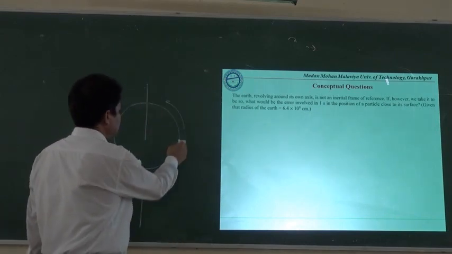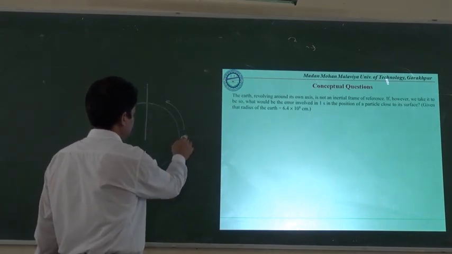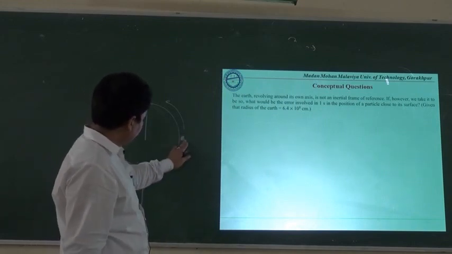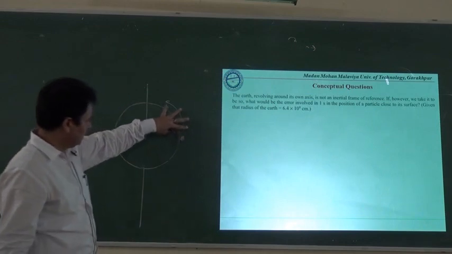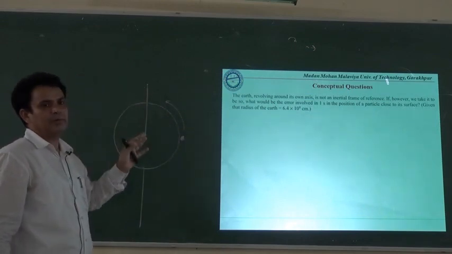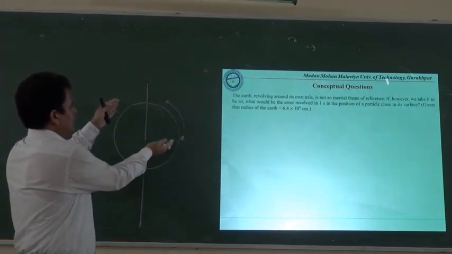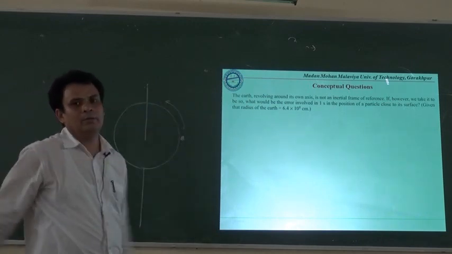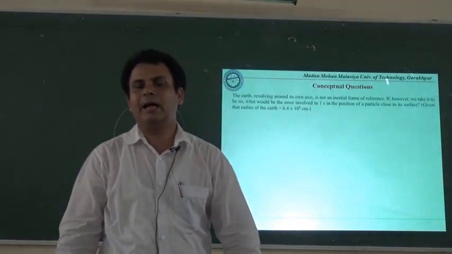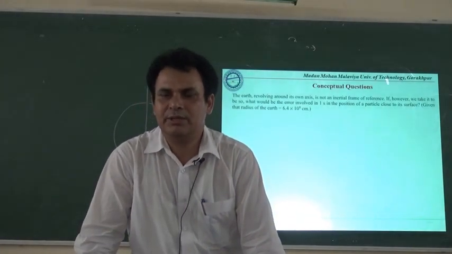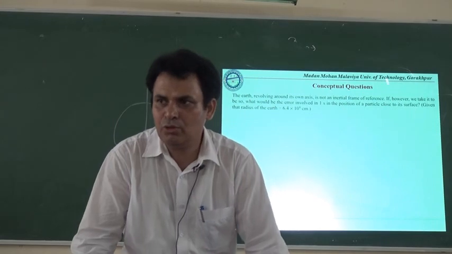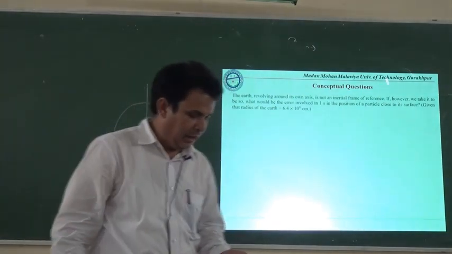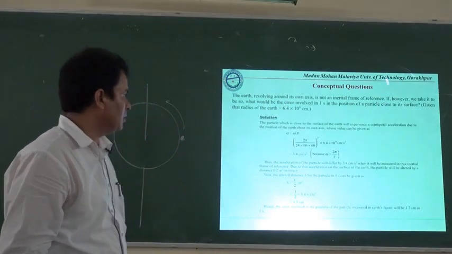Now a particle has been placed near the surface here. When this particle is near the surface, then a certain atmosphere of this Earth will be there, under which the body will also move with the environment of this Earth and the body will experience centripetal force on it. Due to that centripetal force, we will have a certain centripetal acceleration or angular acceleration on that.